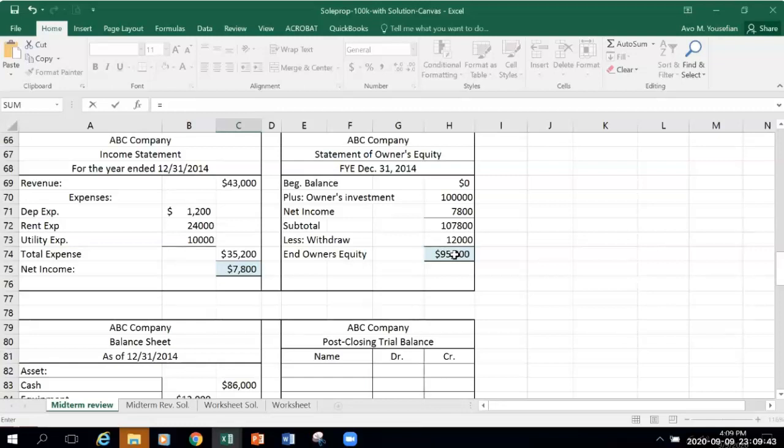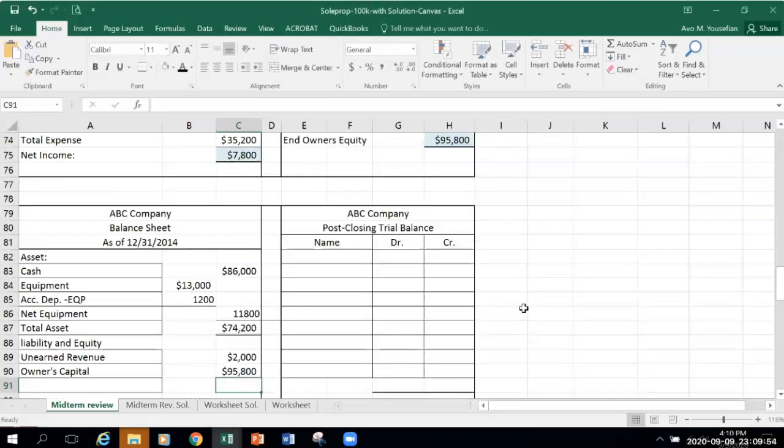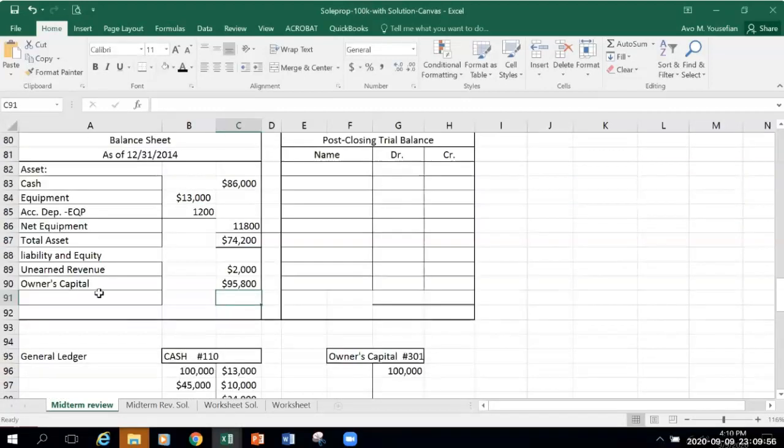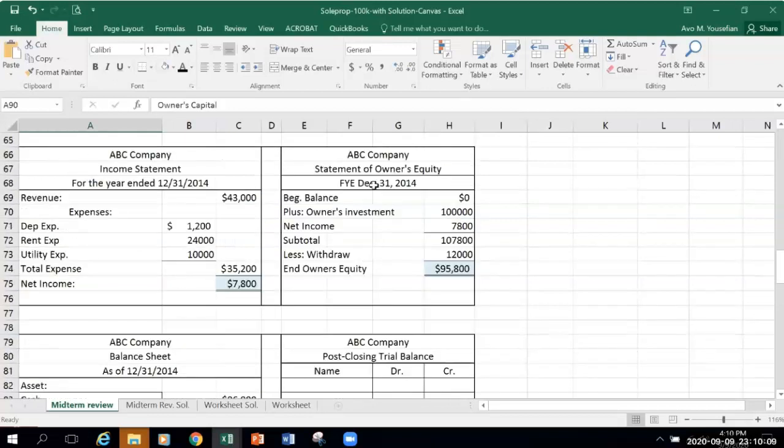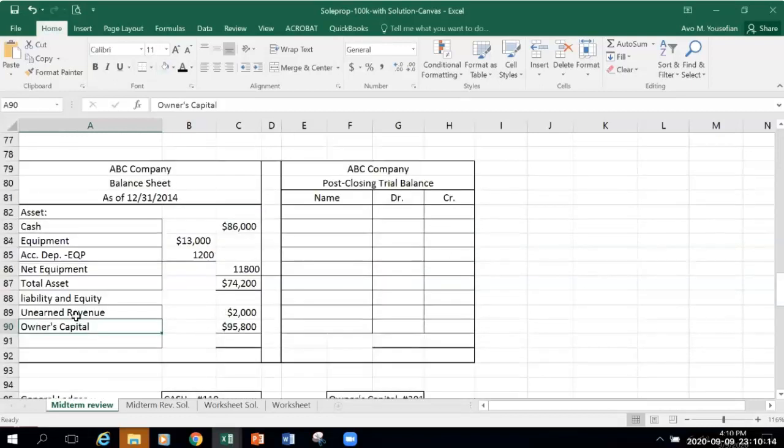You see that? Comes from there. Owner's equity is a better name. Call it owner's equity. Enter. Owner's capital or owner's equity, that's fine. So that's 95,800. So this is number 3 because I have to do number 2 to get the owner's equity balance so I can make my balance sheet.